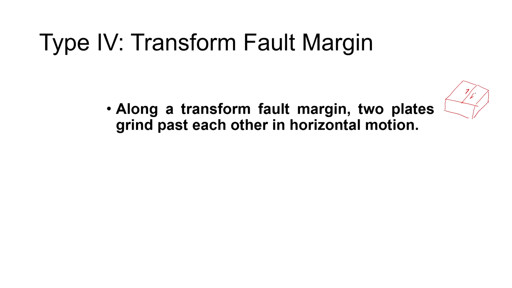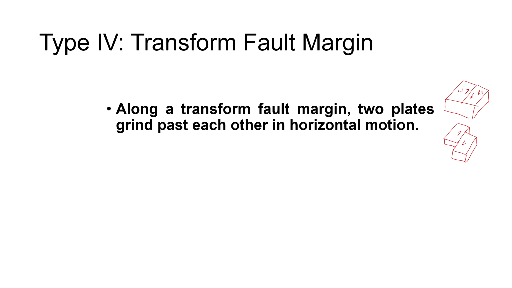So, for example, if this is the right hand side and this is the left hand side, and the right hand side is moving out, then it will show something like this. Okay. So, this will be the typical sense of movement you will be able to see, where one plate is moving towards you and one plate is moving away from you.